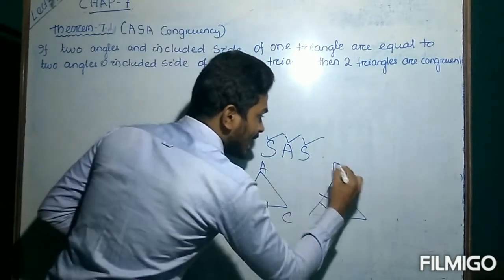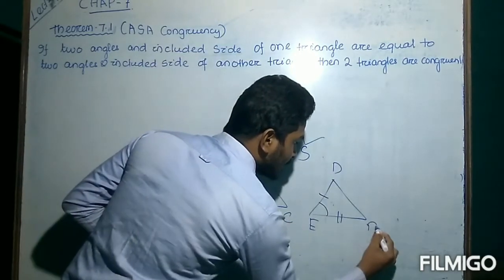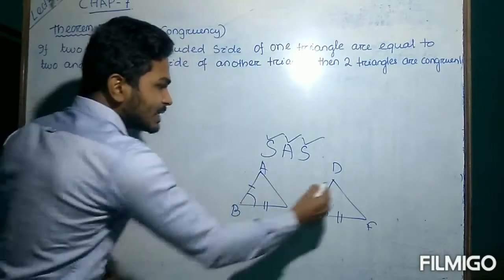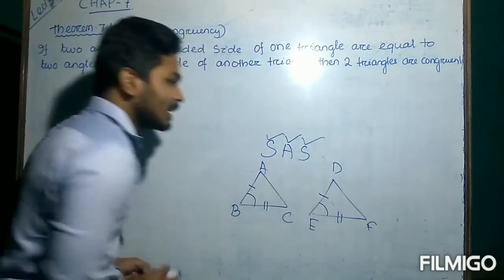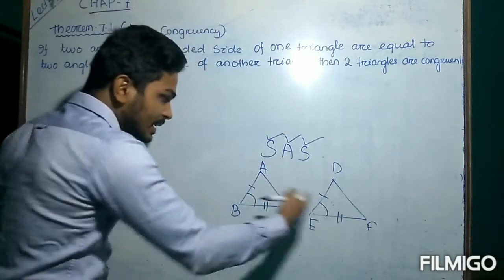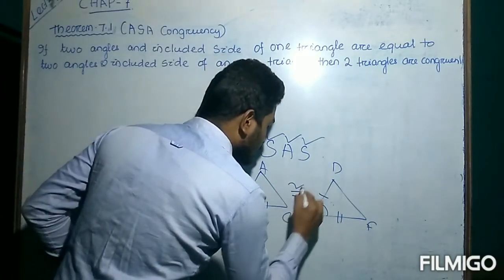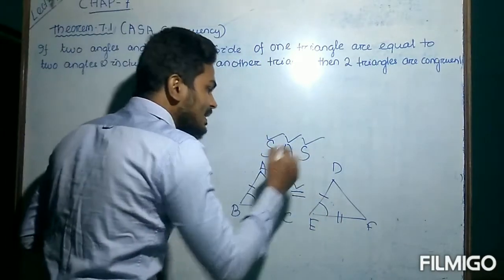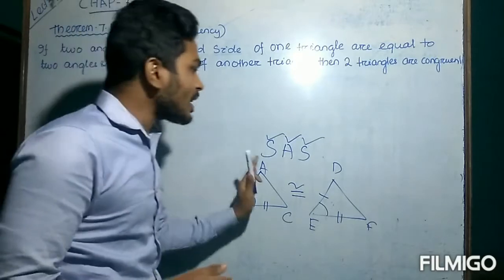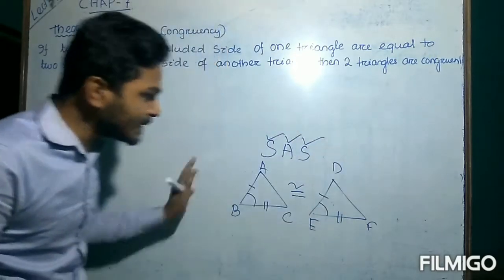If ABC and DEF are two triangles such that this side is equal to this side, and this angle is equal to this angle, then we can say that these two triangles are congruent through the SAS criterion. This is the first condition of congruency.